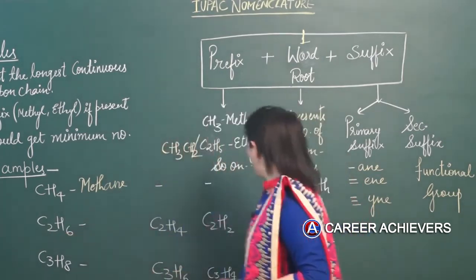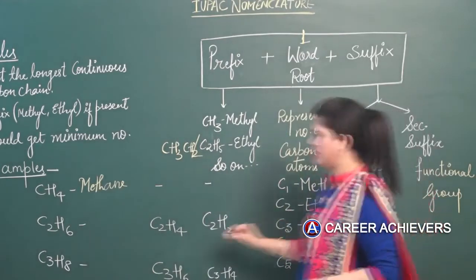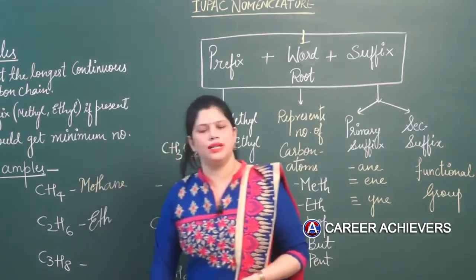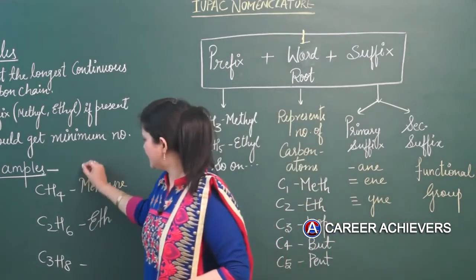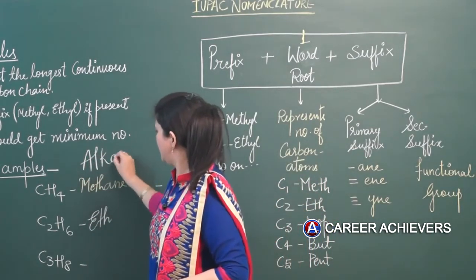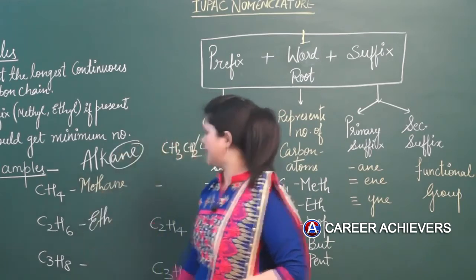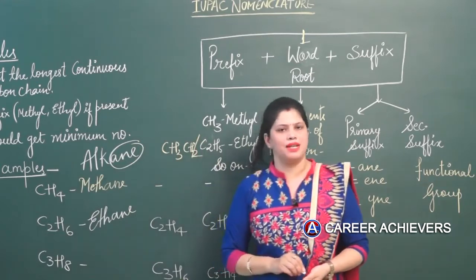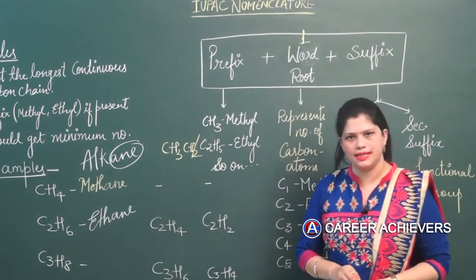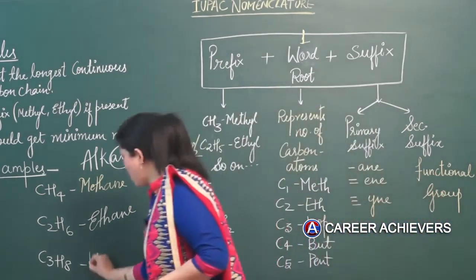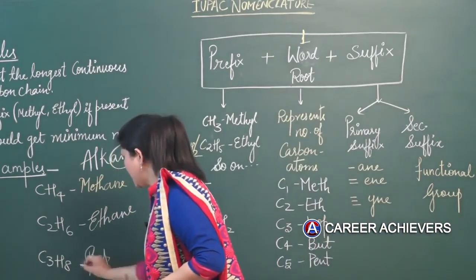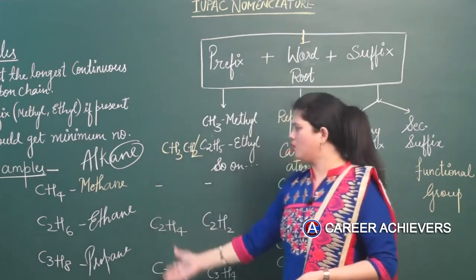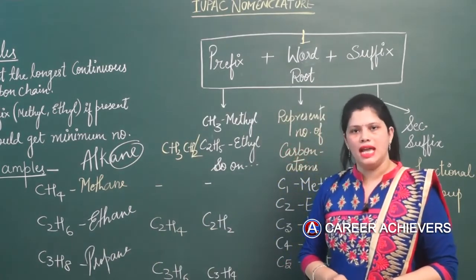Then if there are two carbons, write the word root as eth, and as it's an alkane with a single bond only, the suffix ane is added, giving ethane. With 3 carbons it would be prop, again a single bond, so propane. This is how you write the names of alkanes.